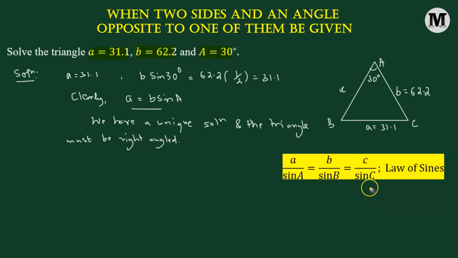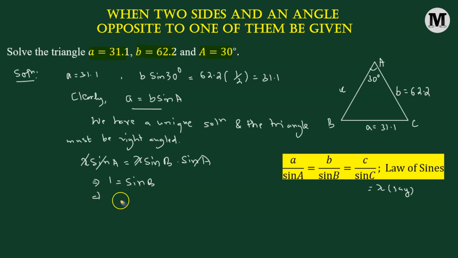If we let all of these three ratios equal some constant lambda, then in place of a, we can replace it with lambda times sine A. This is going to equal b sine A. Now in place of b, we can replace it with lambda times sine B multiplied by sine A. Now we can factor out lambda as well as sine A from both sides, which leaves us with 1 equals sine B. Now sine B equals 1 simply means that angle B measures 90 degrees. This means that angle B is a right angle.